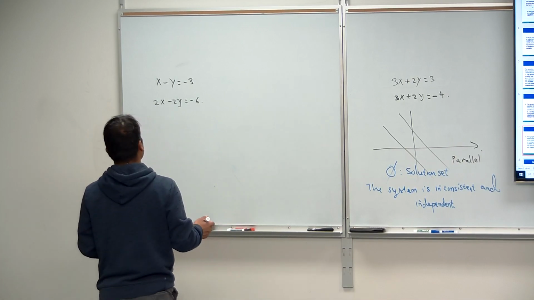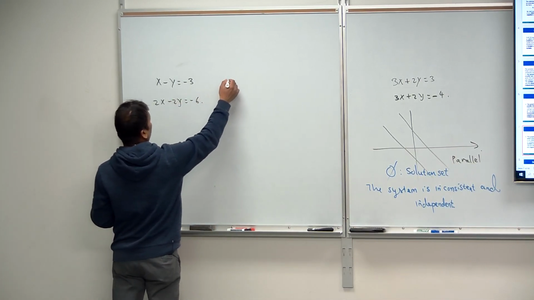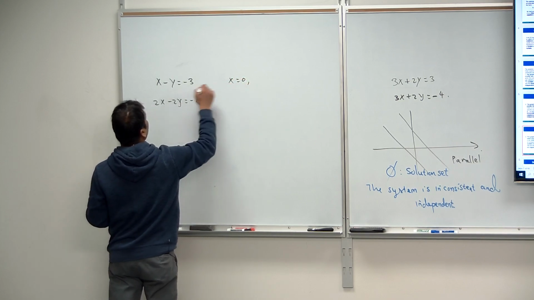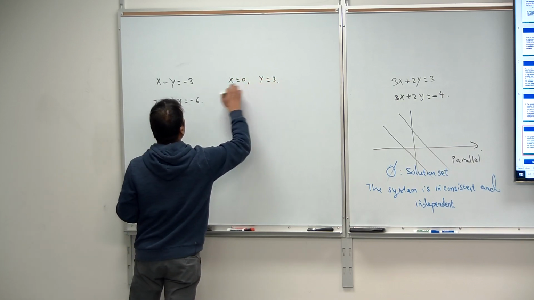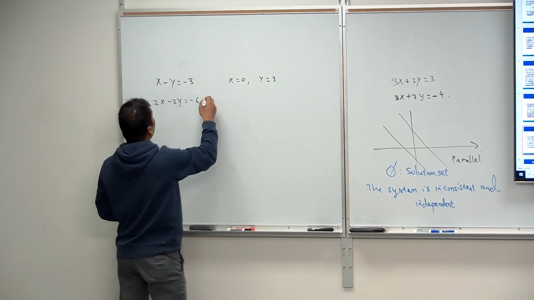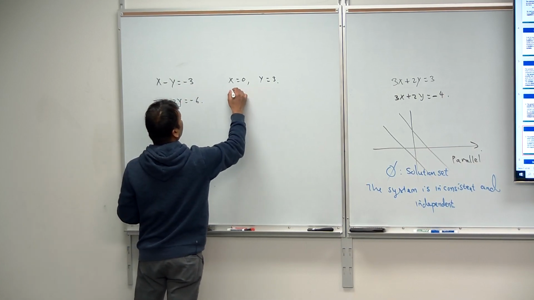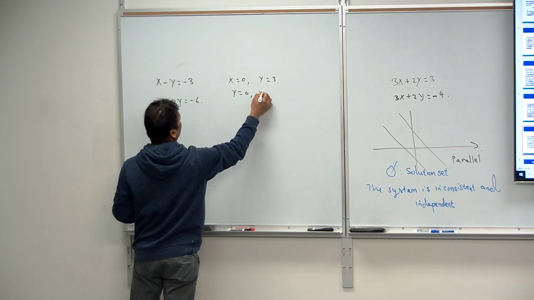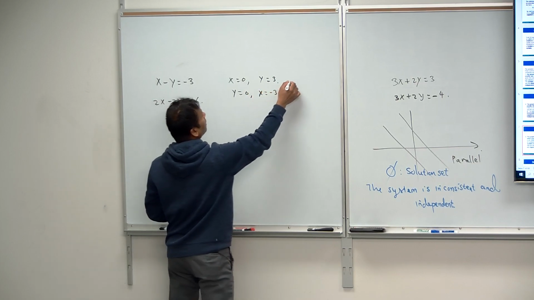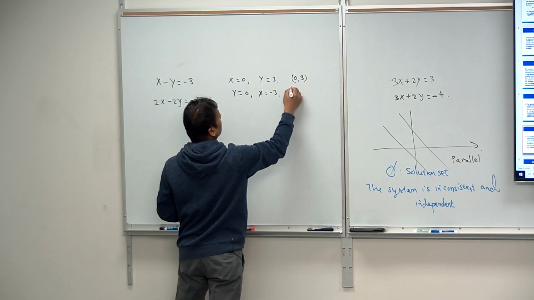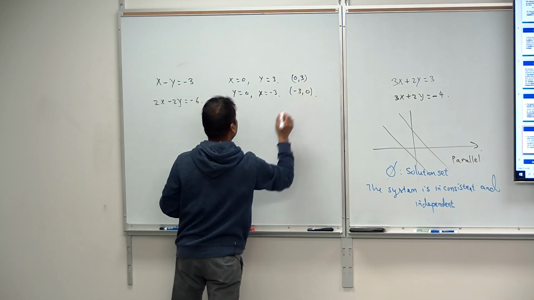So let me draw the graph. If we plug in x equal to 0, y equal to 3, right? If we plug in y equal to 0, x equal to what? -3. So this is your y-intercept, and this is your x-intercept.